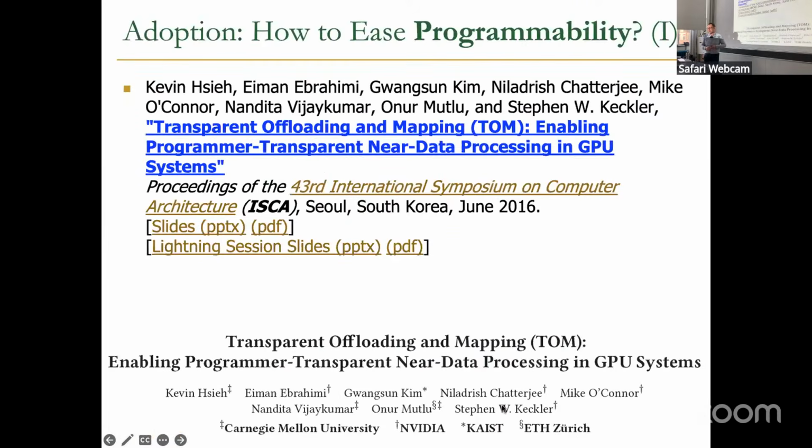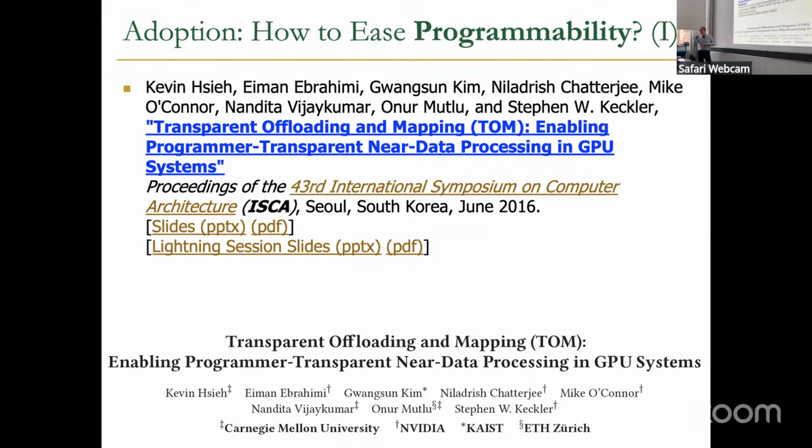So we've done a lot of work on adoption also, like MIMDRAM or SIMDRAM, their adoption works. But we also did some work on near-memory processing adoption. This is work that we did with NVIDIA some time ago. And the idea over here is if you want to offload a GPU kernel, there are some memory-intensive portions and there are some compute-intensive portions.